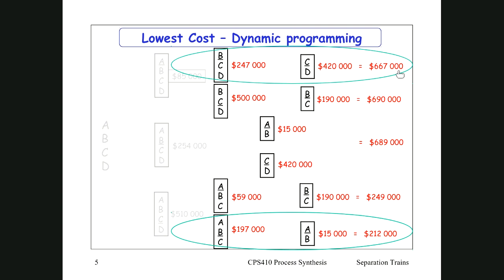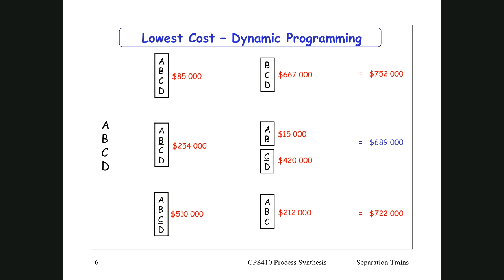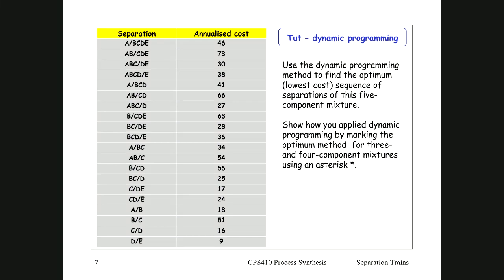That is the answer. It's either that one or that one. It's nothing in between. So that's branch and bound methods, and dynamic programming is one of the branch and bound methods.